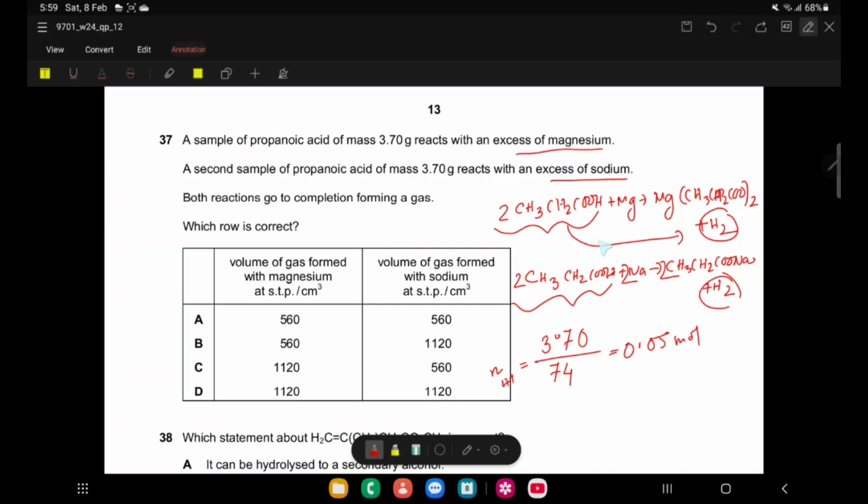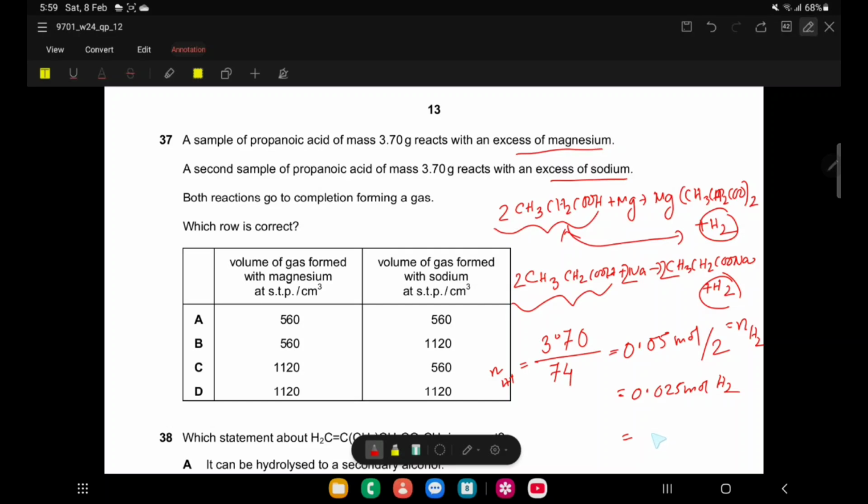The mole ratio is 2:1. That means half of this is equal to the number of moles of hydrogen gas. This is 0.025 mole hydrogen.